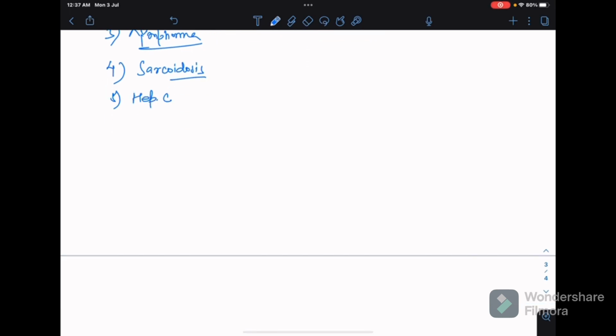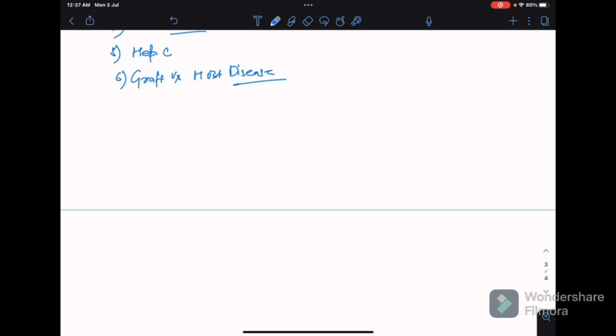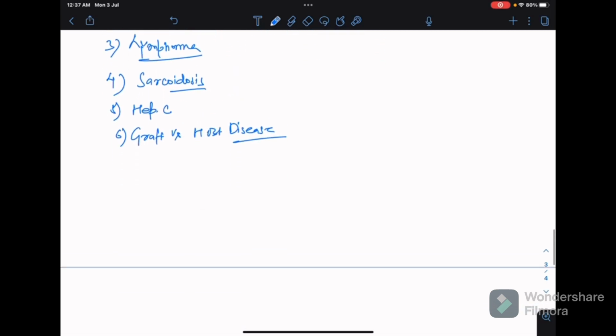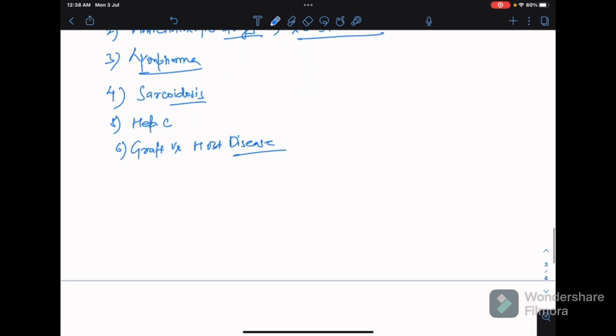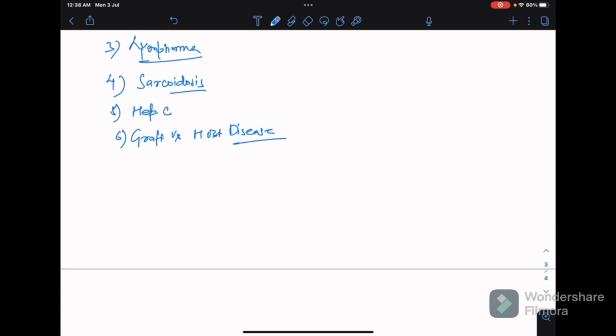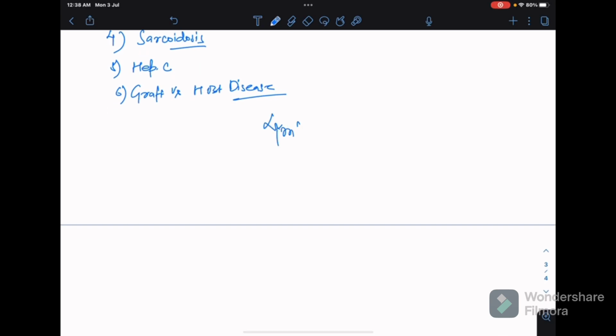Number 5 is hepatitis C, and in cases of graft versus host disease. And remember, the lymphocytes which are attacking the gland, the moment they turn dysplastic, the patient may develop lymphoma, right?